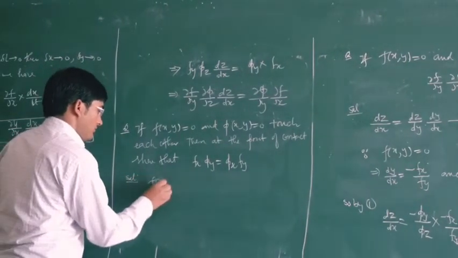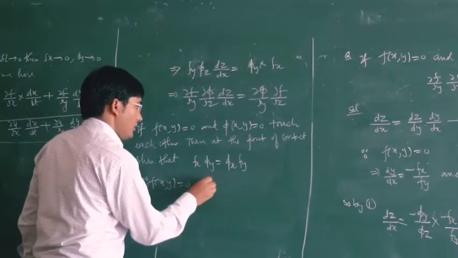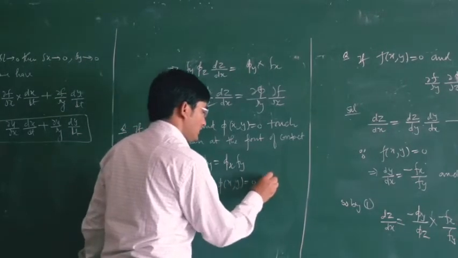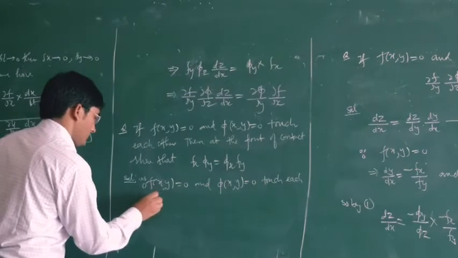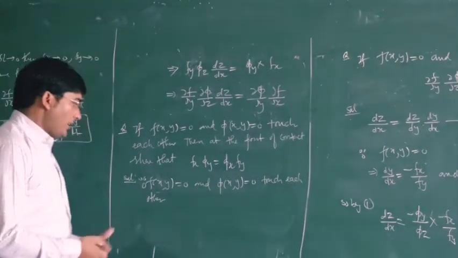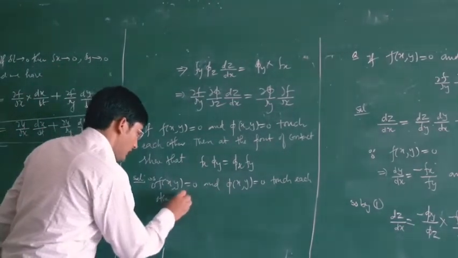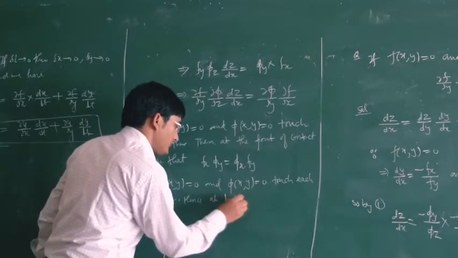Because f(x,y) equals 0 and phi(x,y) equals 0 touch each other, at the point of contact their slopes will be equal to each other.